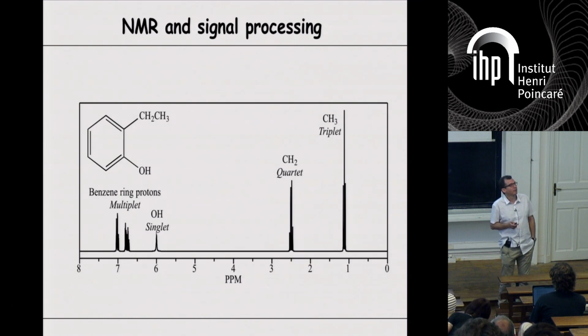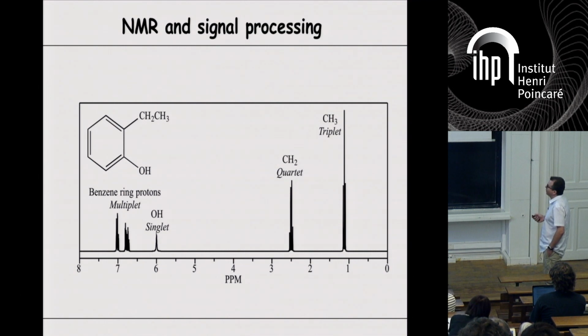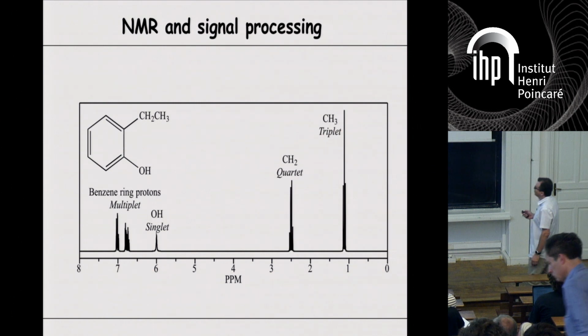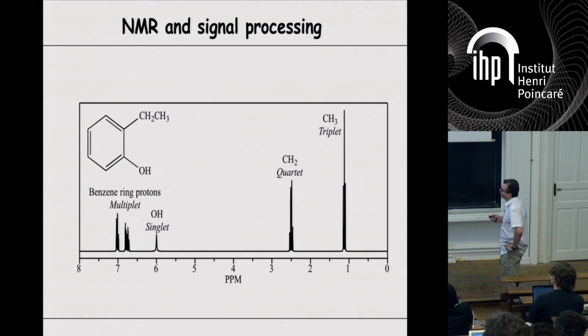This is a typical NMR output. You see the spectrum of the NMR, the Fourier transform of what the NMR reads, and you see peaks. Each peak like this is actually a few frequencies. The information is actually in the difference between the frequencies.